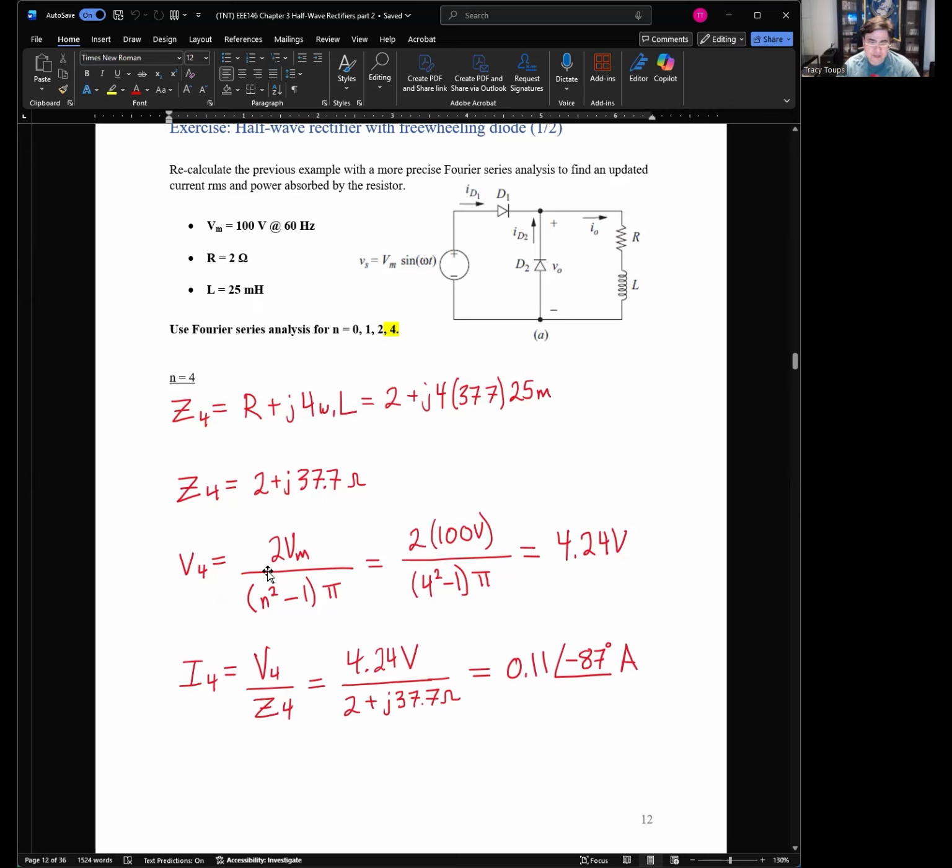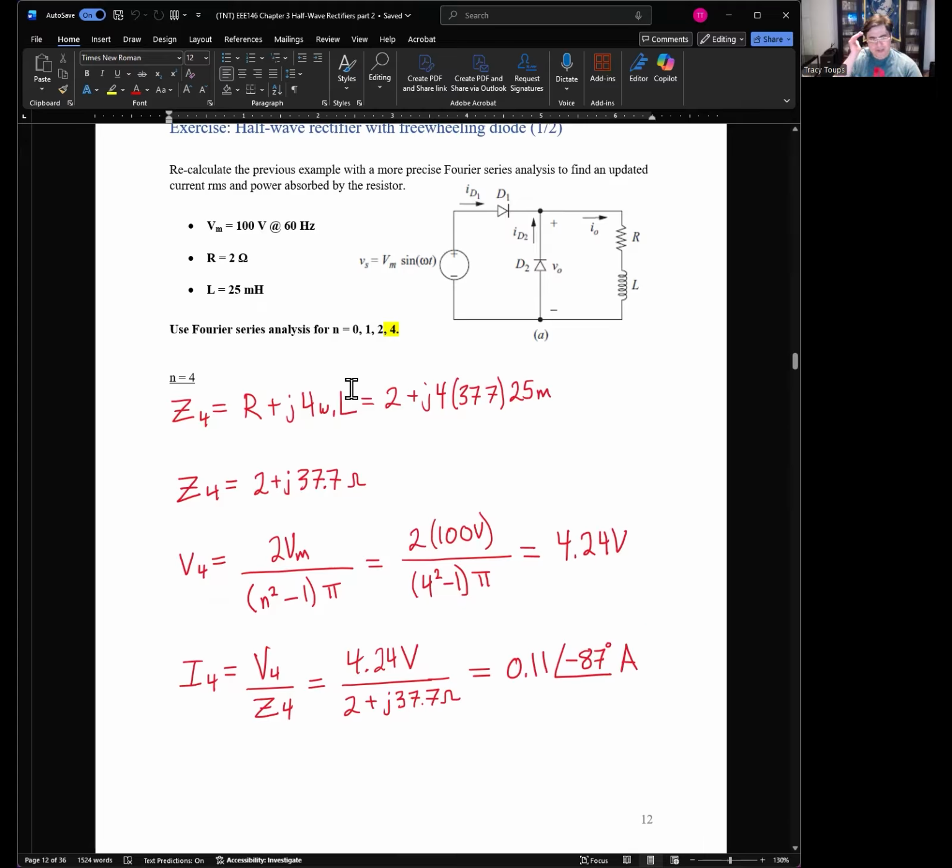V4 is 2 Vm divided by (n squared minus 1) times pi. So it's 2 times 100 divided by (4 squared minus 1), which is 15, divided by pi, which is 4.24 volts. Then you do your current using Ohm's law. I4 equals V4 over Z4, 4.24 volts divided by 2 plus j150.8 ohms. We get 0.11 amps at an angle of negative 87 degrees.